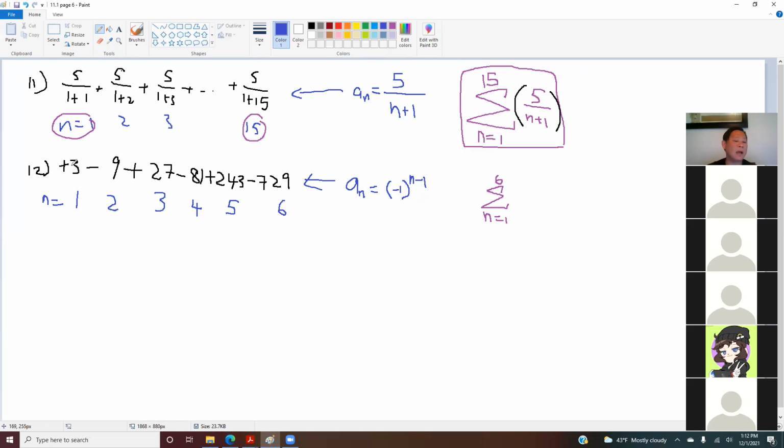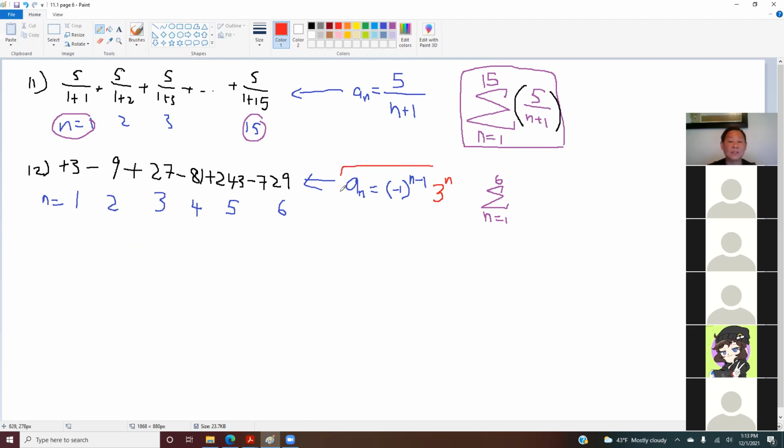Now, can someone tell me how you do 3, 9, 27, 81, 243, 729? Now we're talking about these numbers. Is it n to the power of 3? So this is 3 to the power of n, because when n is 1, you get 3, n is 2, you get 9, and so on.